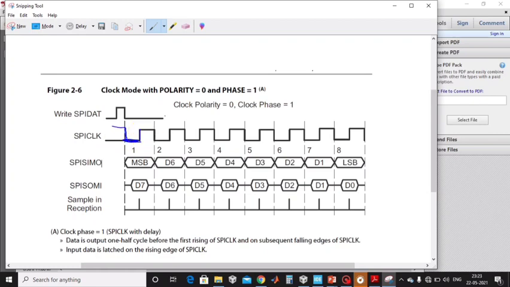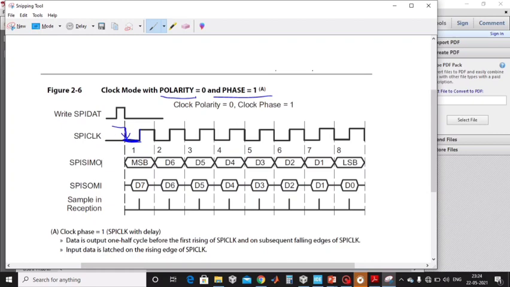You can see that in the second stage there is a falling edge and then a rising edge, so you can assume that here also there is a falling edge. So now it is clear that the master is updating its data on the falling edge. So in mode 1, when the clock polarity is 0 and clock phase is 1, the master is updating its data on the falling edge.